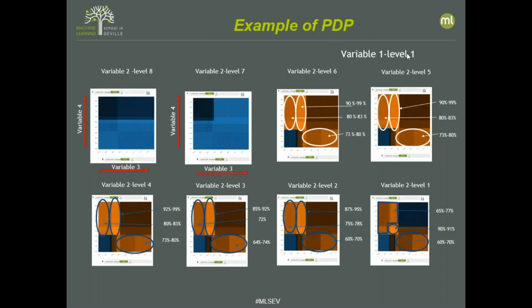So if we go to variable 1, level 1, then we played with 8 levels of variable 2, as you can see here, level 8, 7, 6, 5, 4, 3, 2, 1, creating different PDPs. And in every PDP, we moved variable 3 and 4 on this surface in order to see where we might get the most successful result in quality and production cost.